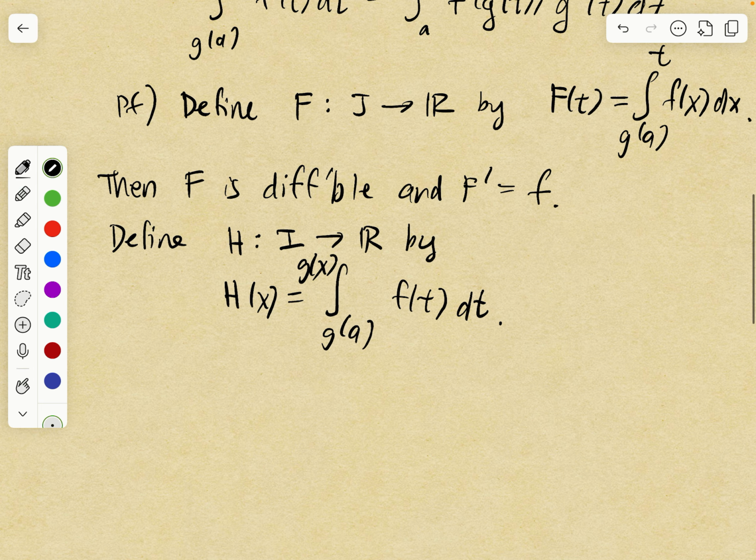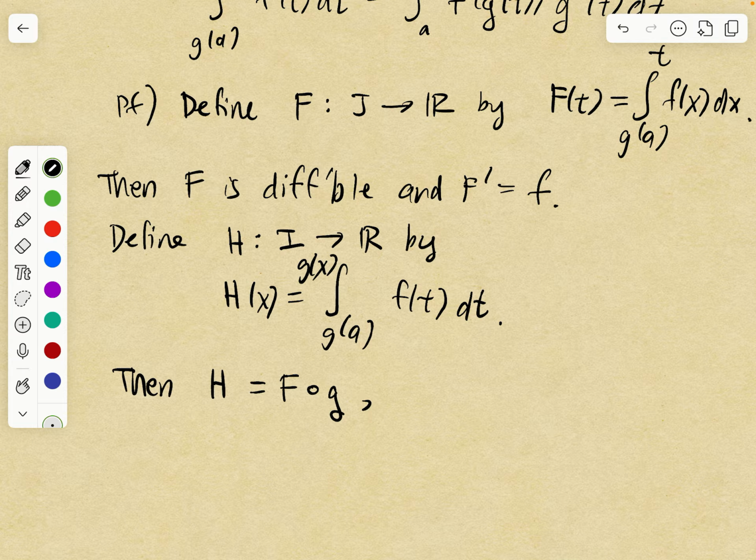So capital H is F composed with g, because if you plug in x, capital H of x is capital F of g of x, if you just look at the definition.